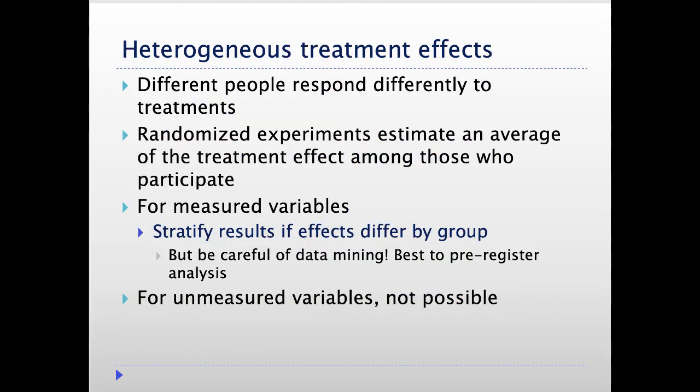Another thing to think about in analysis are heterogeneous treatment effects, meaning different people respond differently to treatments. Randomized experiments estimate an average of the treatment among everyone who participates, an average treatment effect among everyone who participates.